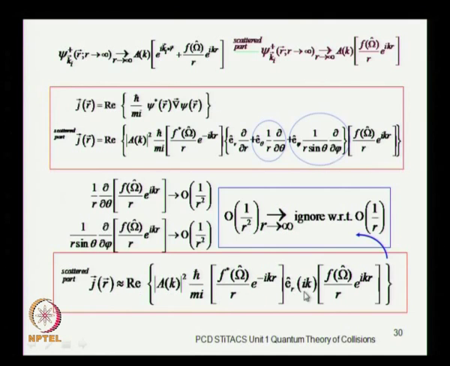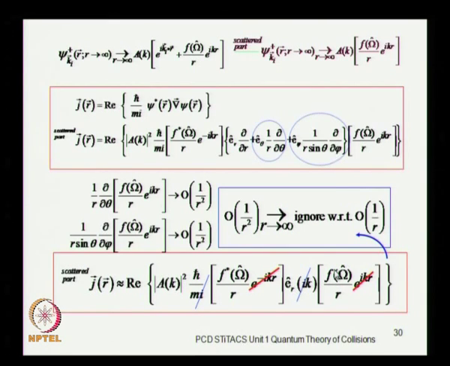So this is the scattered part of the current density vector. Now you multiply e to the I k r with e to the minus I k r, so these two terms cancel. Then there is an I in the numerator and an I in the denominator, so those two cancel. So you are left with the square of the modulus of this amplitude A, then you have got f star and f, which will give you the square of the modulus of f.